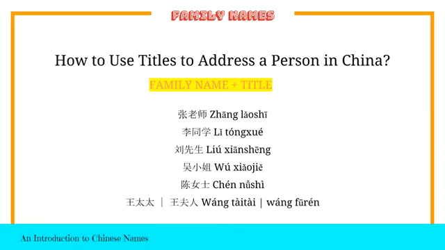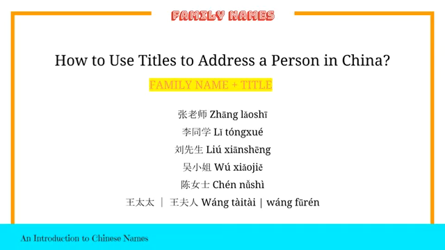So 赵教授 means Professor Zhao. As you can see, many times we don't really use the first name in China unless you are quite close with each other. Normally you would put the title after the family name.